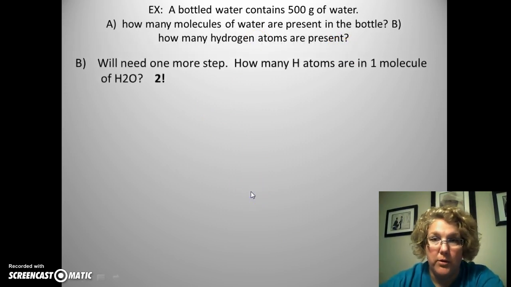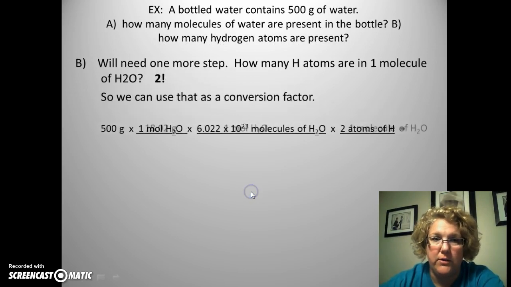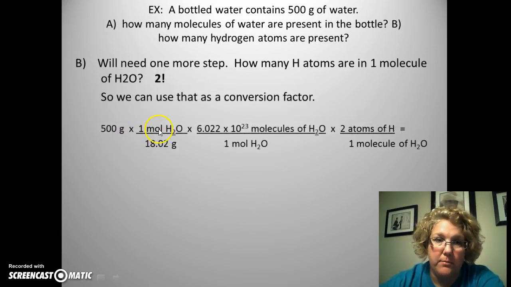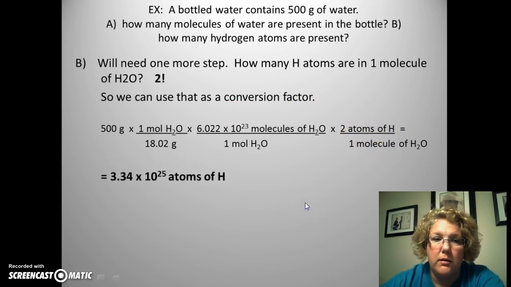Okay, well, we're going to need that other step, that extra conversion factor at the end. So we go grams to moles, using the molar mass from the table, moles to molecules of water, using Avogadro's number, and then to get to atoms of just H, we multiply by 2, because there's 2 atoms in every molecule. Ta-da! And don't forget to write the times 10 part in your answer, too.